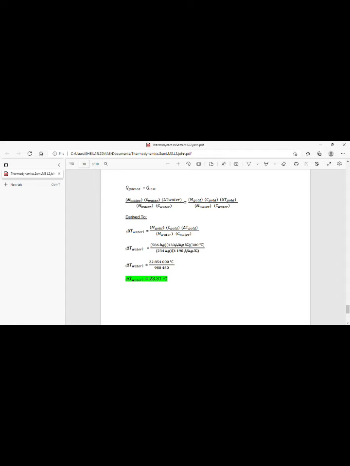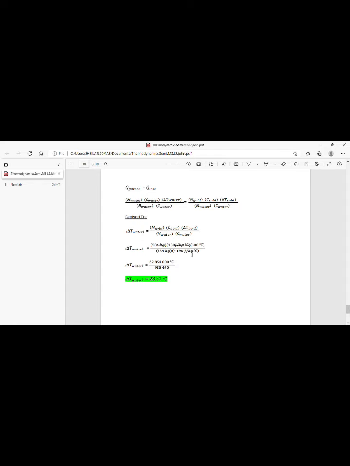Okay, here it is. 586 kilogram times 130 joules per kilogram degree Celsius times 300 degrees Celsius, which is our change in temperature of the gold, over 234 kilogram, the mass of our water, times 4190 joules per kilogram degree Celsius, the specific heat of our water.